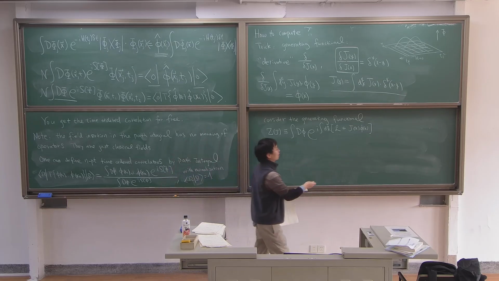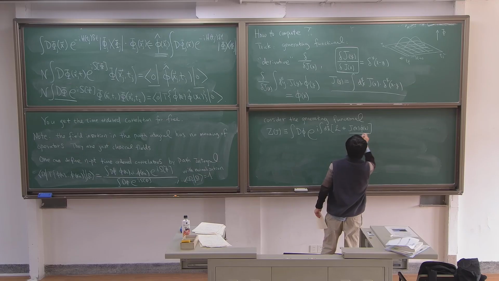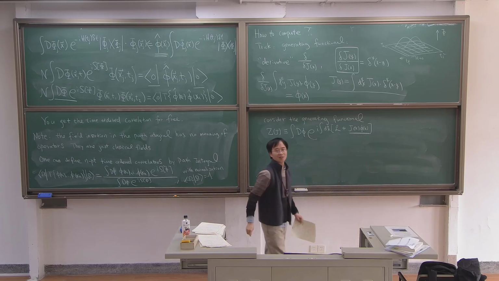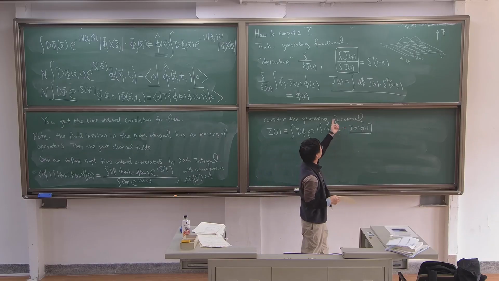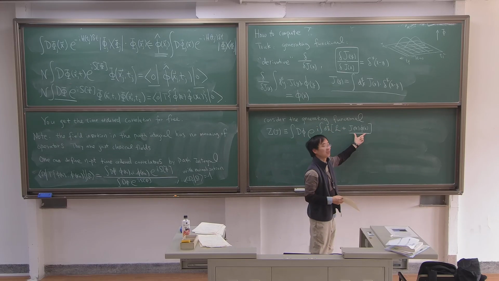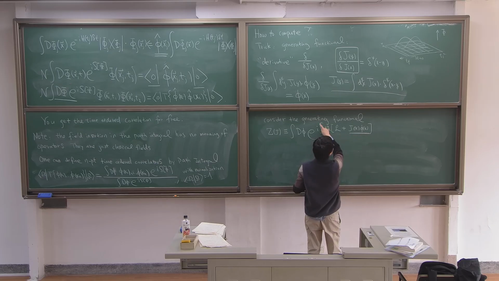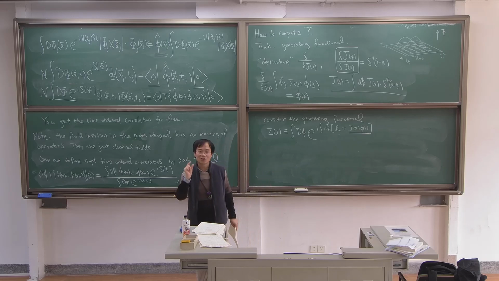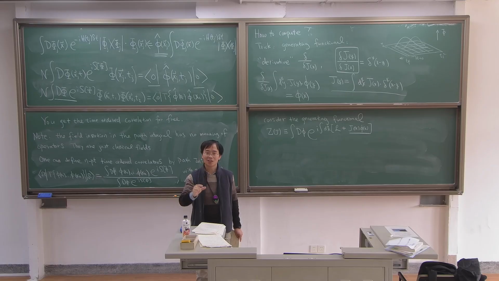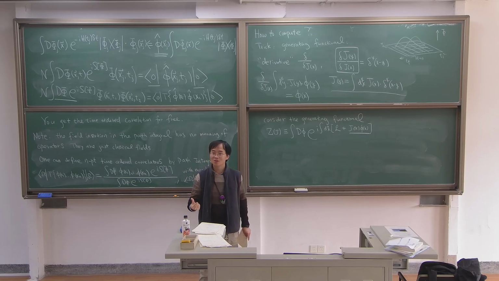And I want to manifest this term, so I write this Lagrange density. So this is the entire action, the previous entire action. Now I deform it a little bit by introducing a new term. The new term is the integral of J phi. Phi is a local field, and J is a local source, coupled together, and then do the integral.